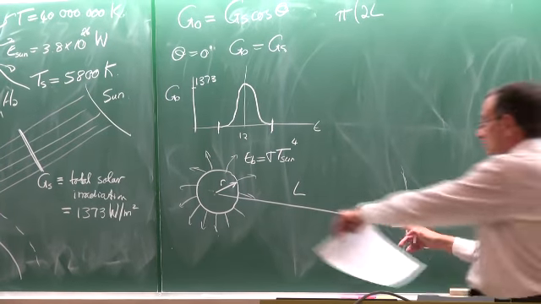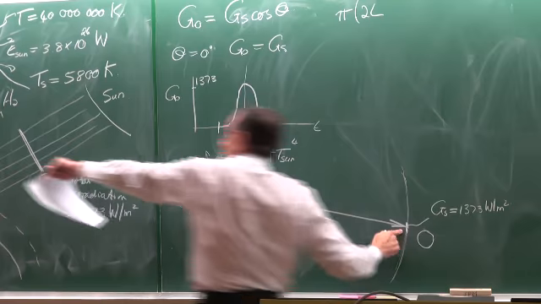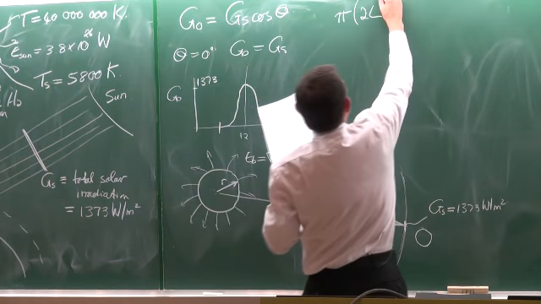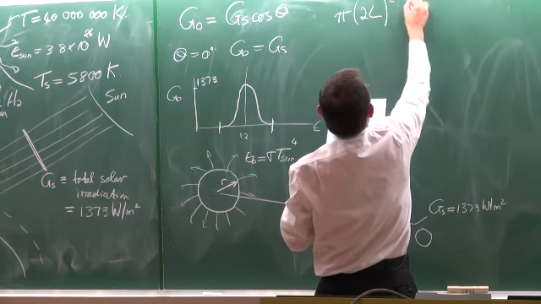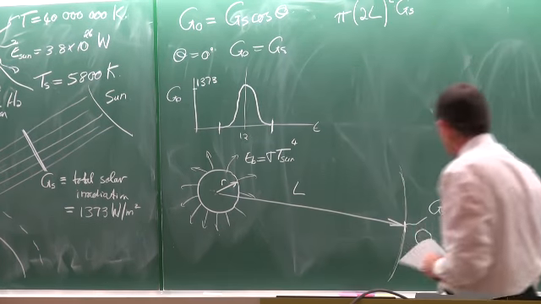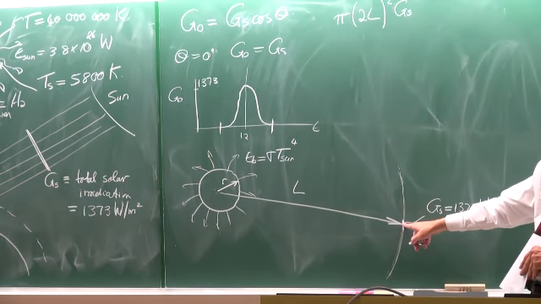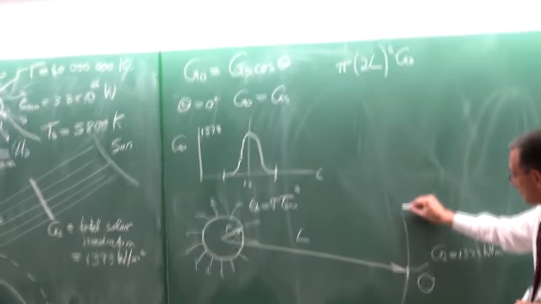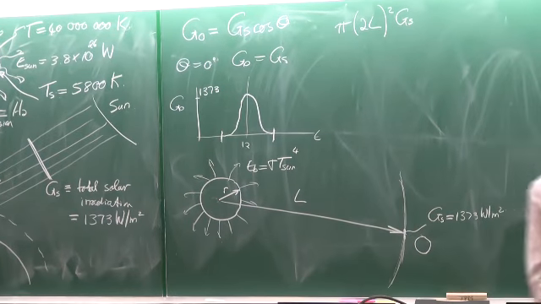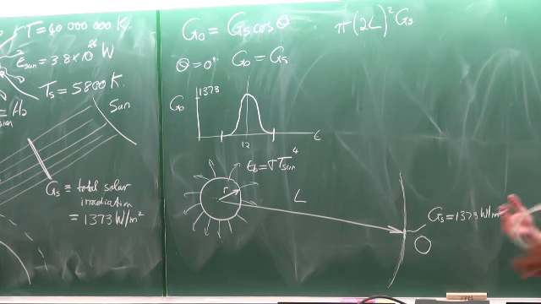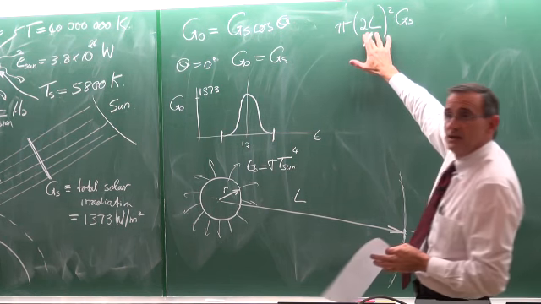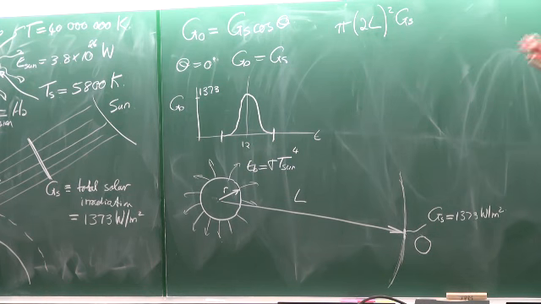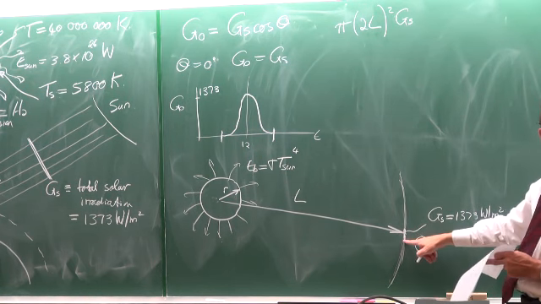Remember, this is just the radius and we want the diameter, 2L, squared, multiplied by Gs. So that is all the radiation passing the surface there.